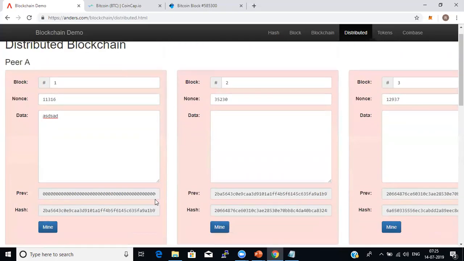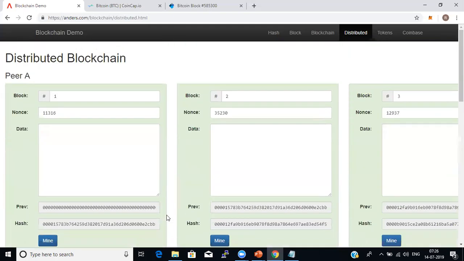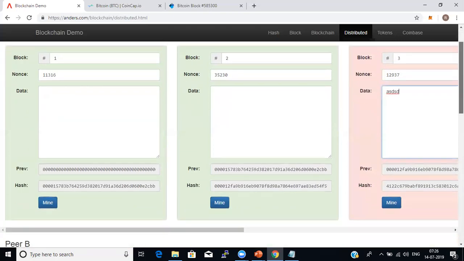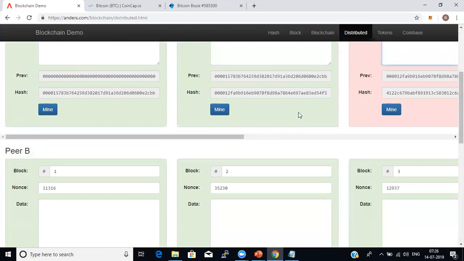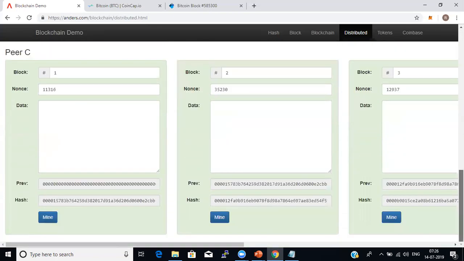this block's data was tampered by someone. Also, 2CBB is there and the same 2CBB. Suppose this particular miner changes from block number 3. Now in peer A, block 1 and block 2 are valid, so they match with the other nodes in the network, but block 3 is tampered, right?